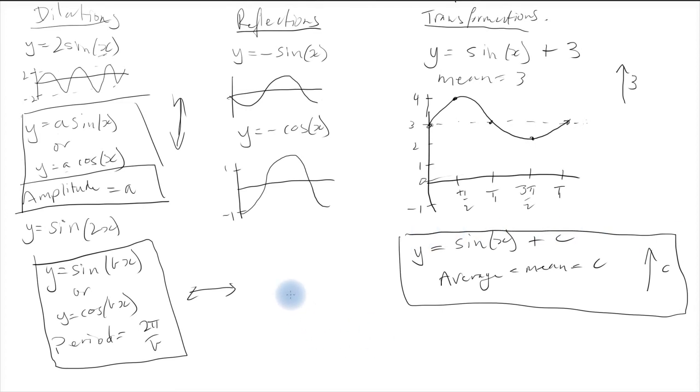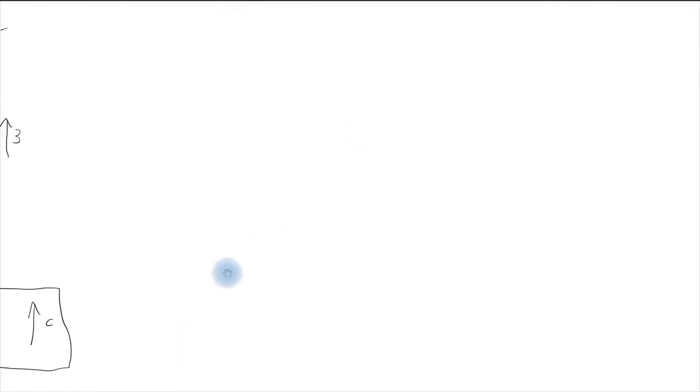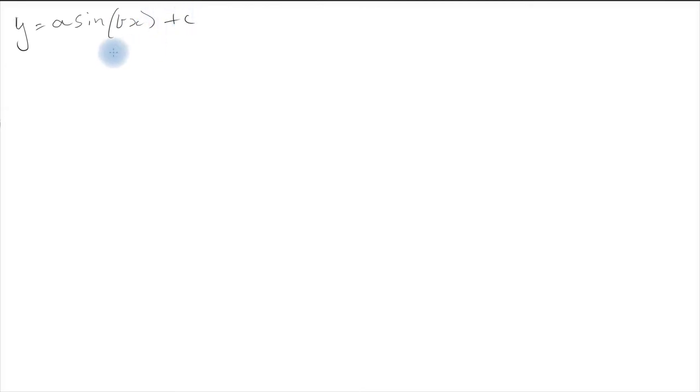Okay, so we've done dilations, reflections, and transformations. Let me just summarize those 3 things for us so that we've got them all on the one page ready to go. So let's suppose we have y equals a sine (bx plus c), or y equals a cosine (bx plus c).